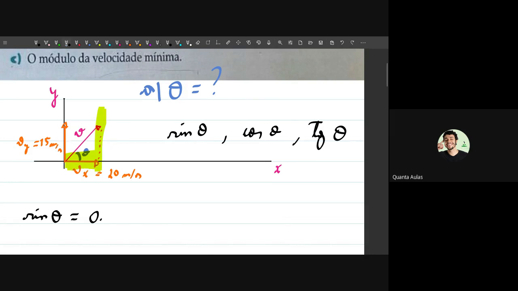I know we have a lot of formulas to use sine, cosine, but I want the formula that only uses the sides of the triangle. So, for example, the formula of sine is opposite side over hypotenuse. Do you remember the formula of cosine?